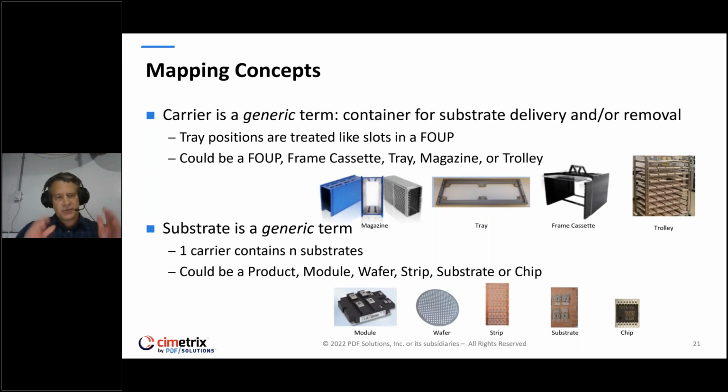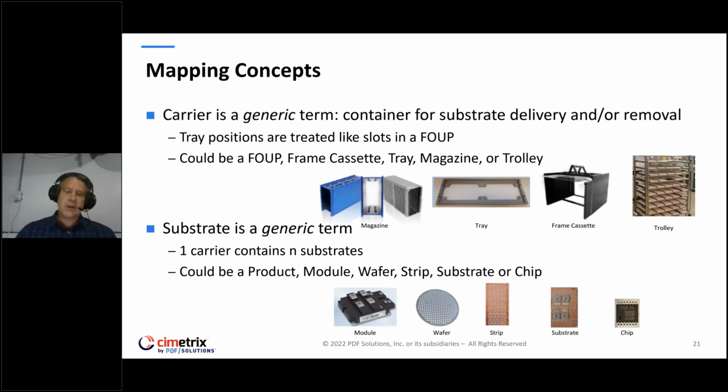And yes, trays are different physically than like in a FOUP, but by assigning, as Alan talked about, X and Y locations to trays, we can now treat them in the standards very similar to a FOUP. So now a carrier is being shown how it literally can be a FOUP, a cassette, a tray, magazine, trolley. All these different types of carriers can be used, and the TOS shows you how to apply them.